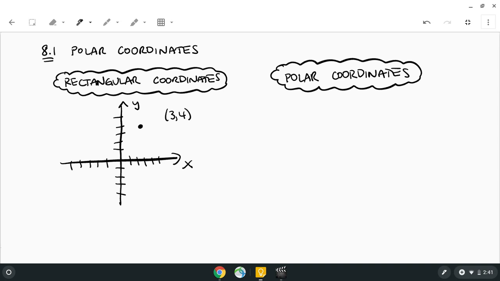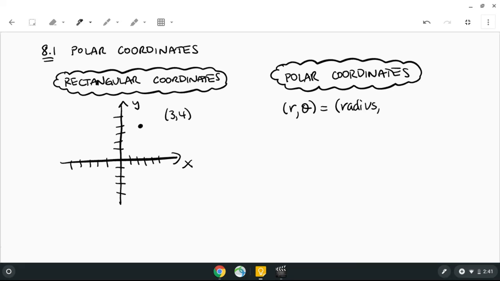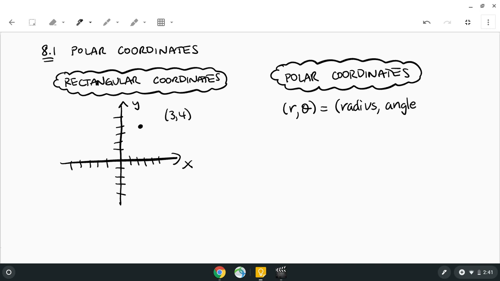Okay, and what happens here is you are given a point, not x and y, but r and theta. And so what these represent are the radius and the angle. Okay, and so what happens here is you have these circles.